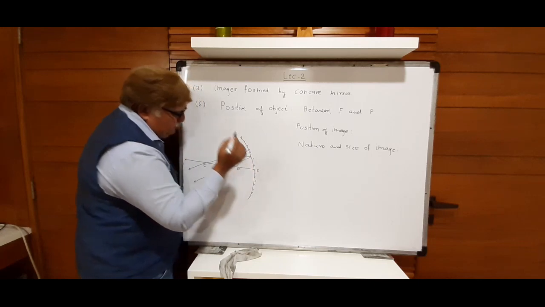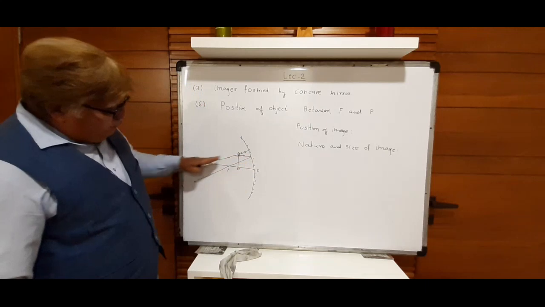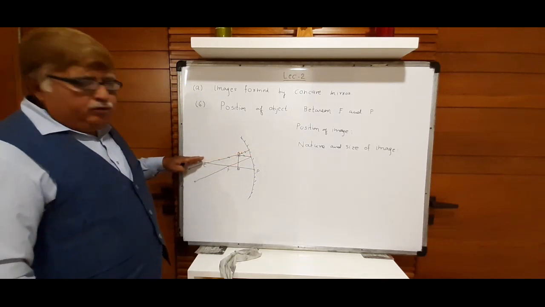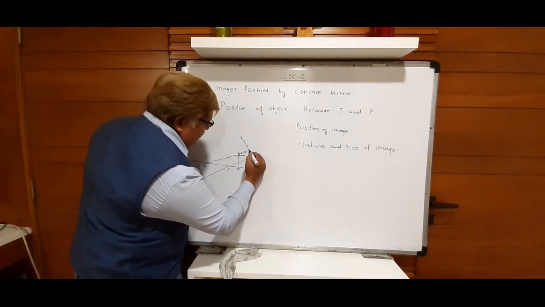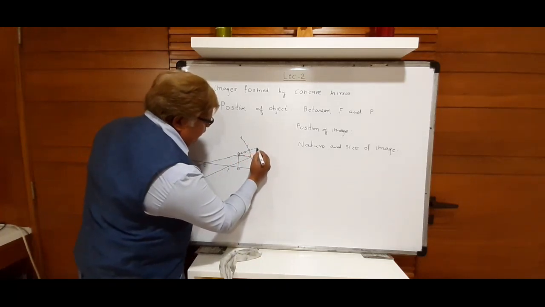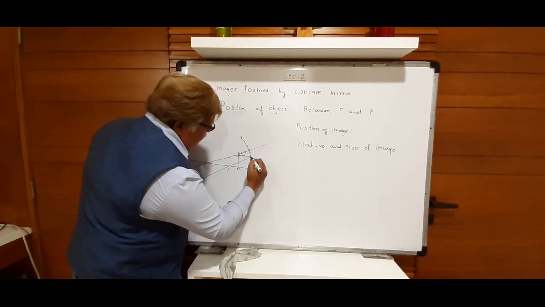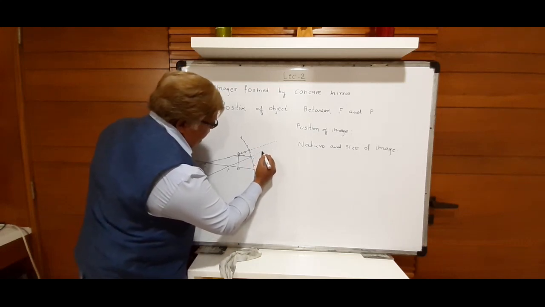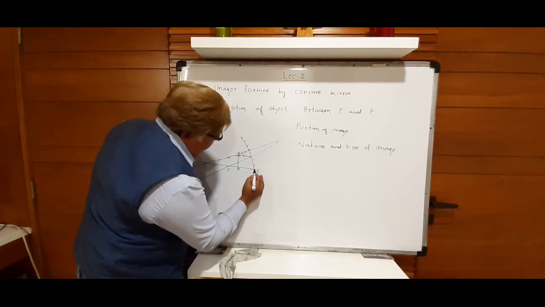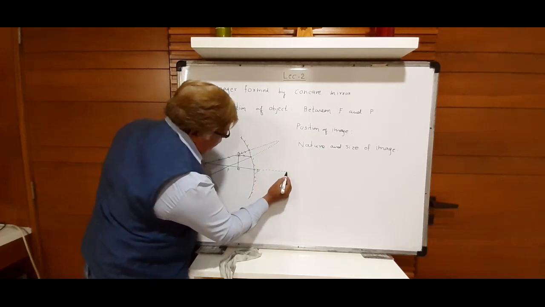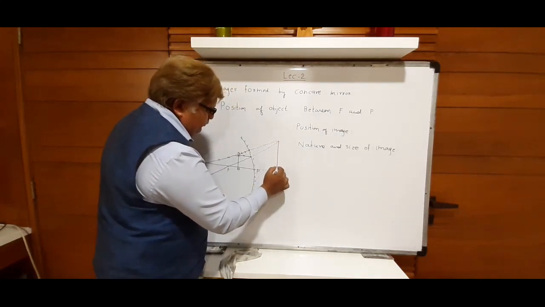Now, two rays: the first passing through focus, the second passing from the center of curvature and retracing its path. If I extend both rays behind the mirror in the same direction they were approaching, you can see that both rays are meeting here.